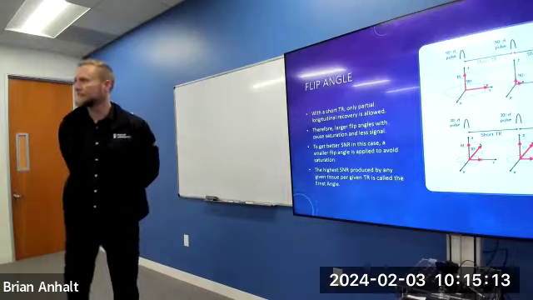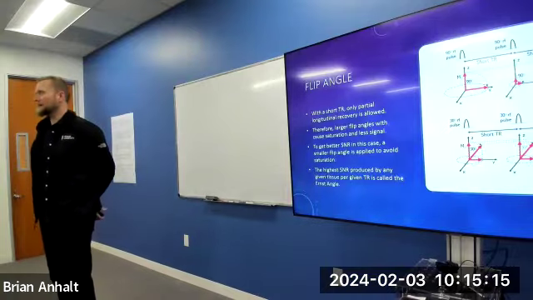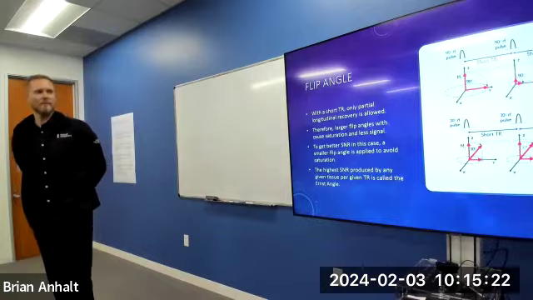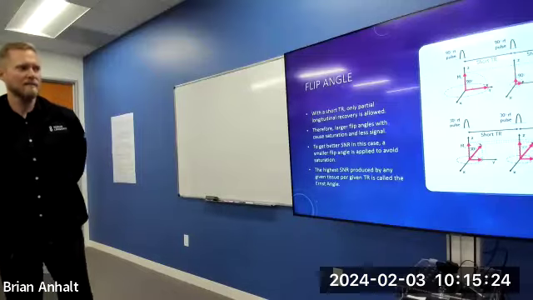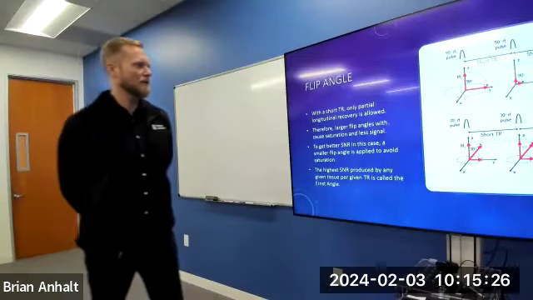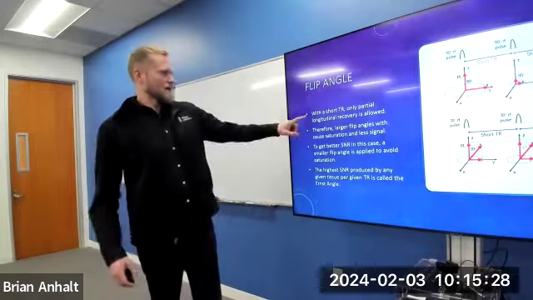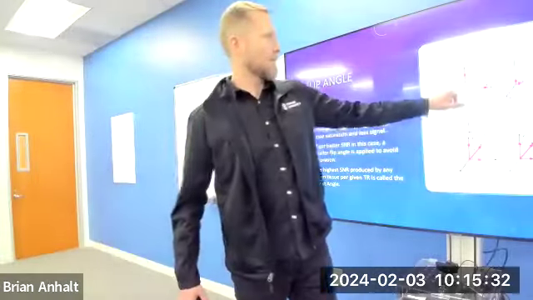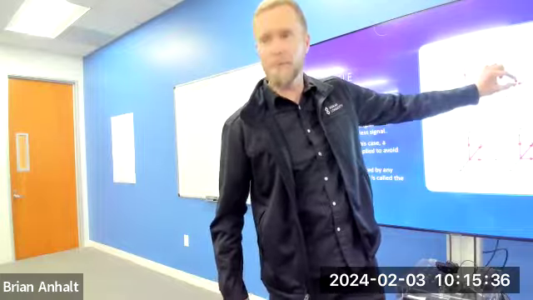However, with shorter TRs, 90 might not be your best bet. With shorter TRs, we might want to flip it just not as much. This is called the Ernst angle. With a short TR, only partial longitudinal recovery happens, right? So we can see a short TR, we're watching our longitudinal recovery only having a little bit, right?